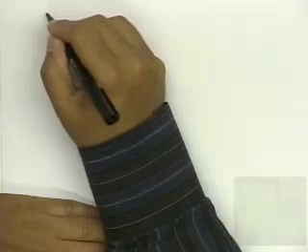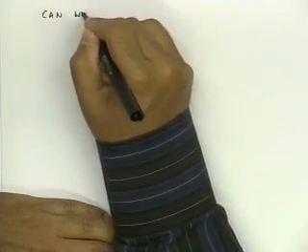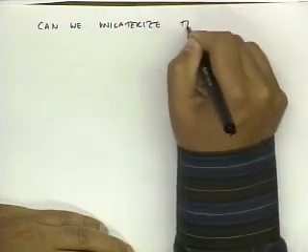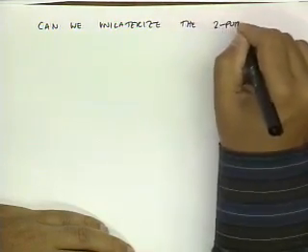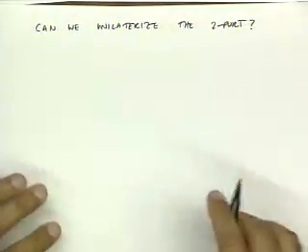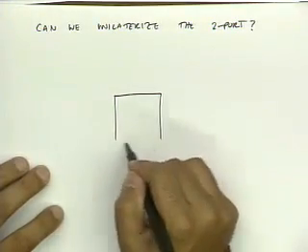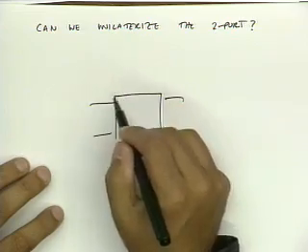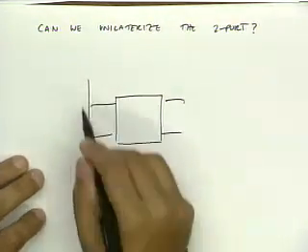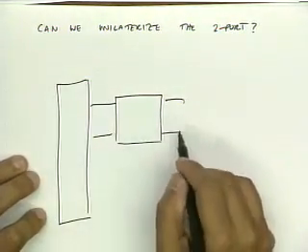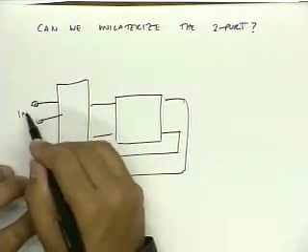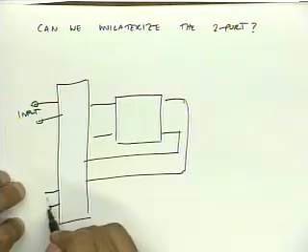So the idea is, can we unilateralize the 2-port? That means that in addition, let me draw it like this. So this is my input, this is my output.